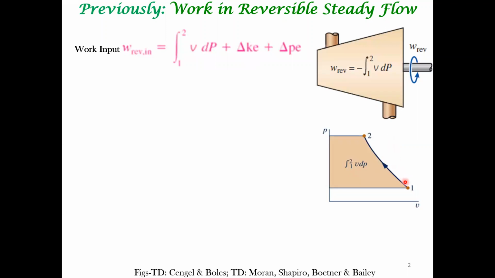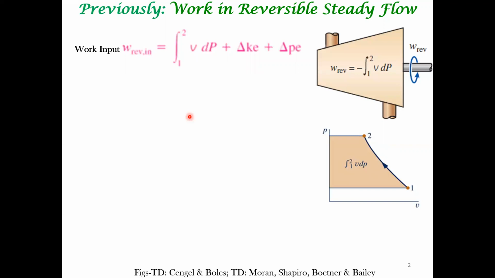When the work interaction is of the form VdP, we are looking at the area under this curve. Okay, so this is the area that is of relevance. So we derived this expression, which is the work input involved as we move this fluid from state 1 to state 2.